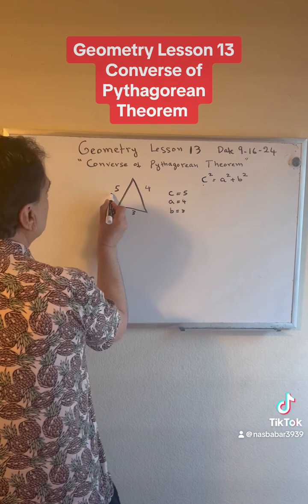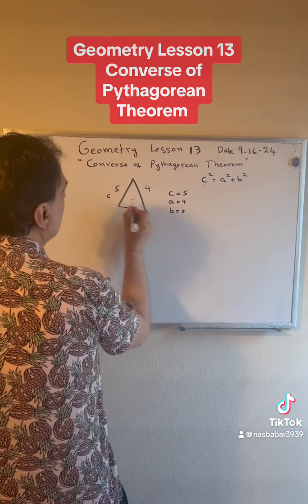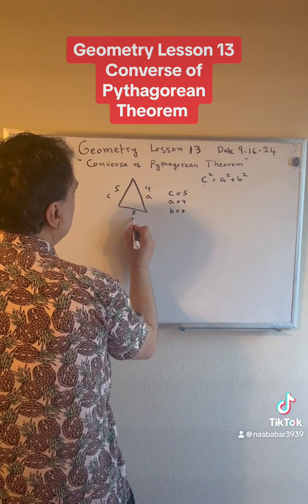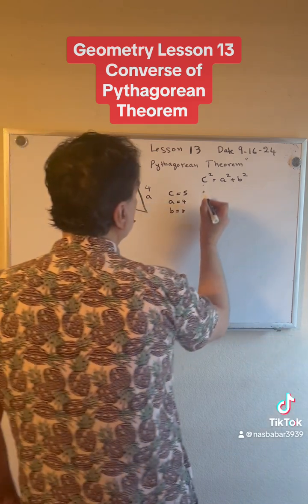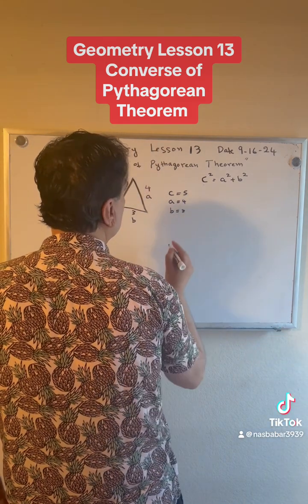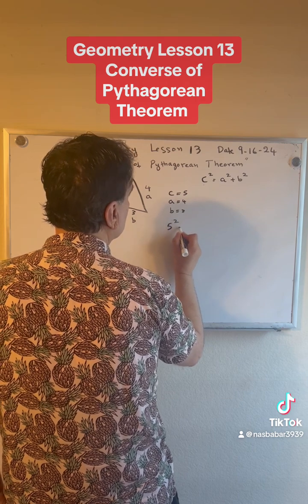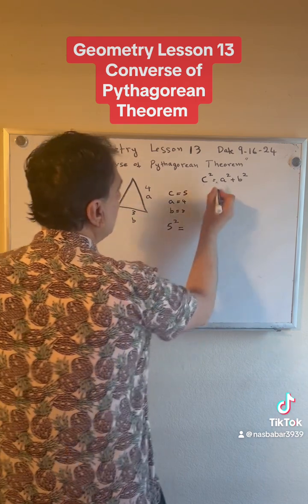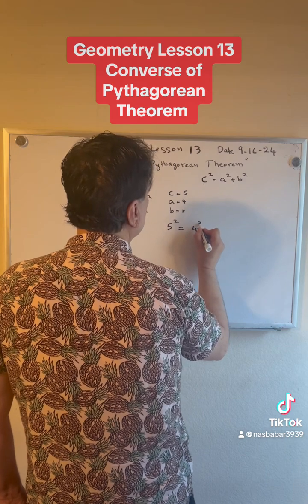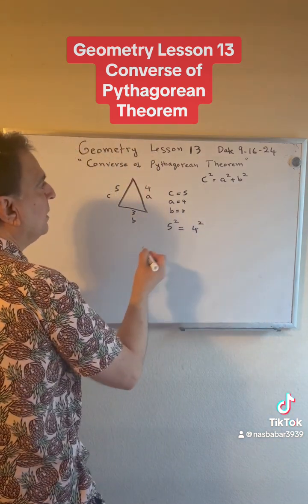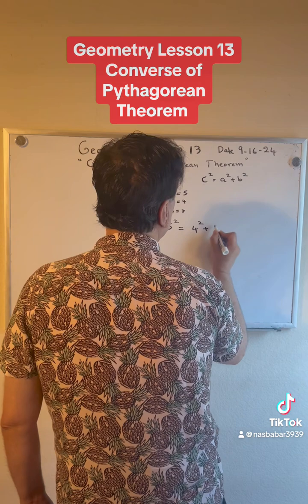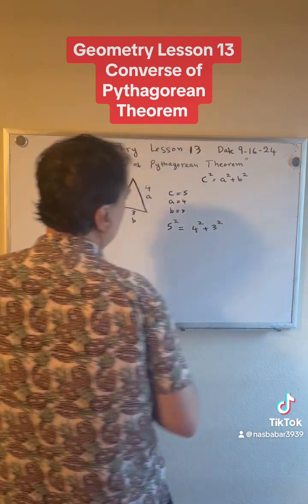I'm just classifying 5 as C, 4 as A, 3 as B. Now I apply this formula. C is 5 square, A is 4 square, I'm just applying the Pythagorean theorem, plus 3 square.